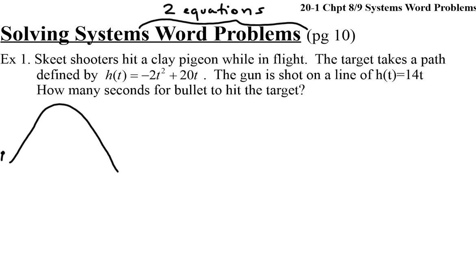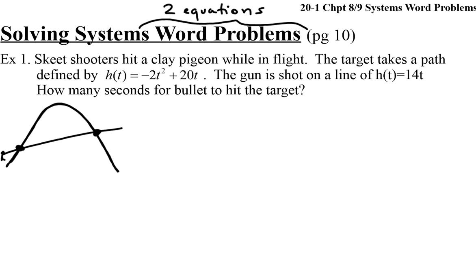An individual with the gun shoots the gun, and at some point, the trajectory of the clay pigeon and where the bullet's traveling from depends upon where it's released from, where the person's standing, but we have points of intersection. And that is what we're looking for, because like it says, we have a target.